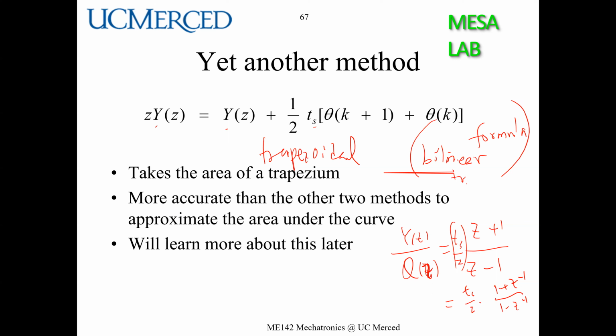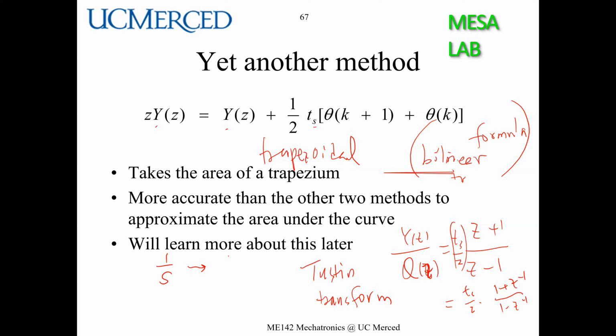But in MATLAB, in many places, this is also called the Tustin transform. In other words, people may say, you have a 1 over s, what is your z?